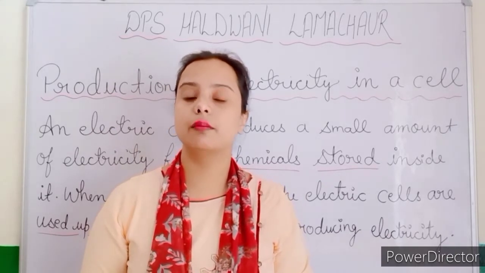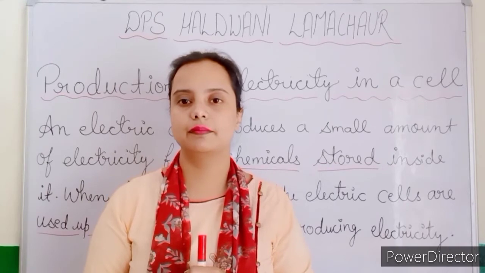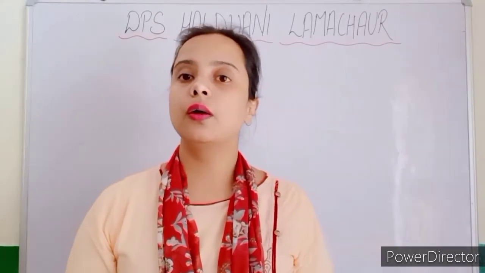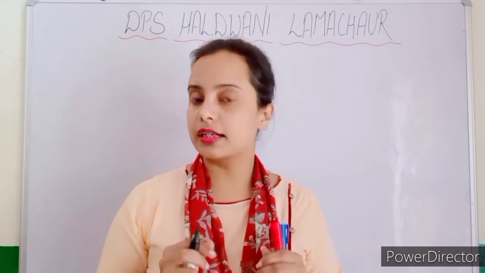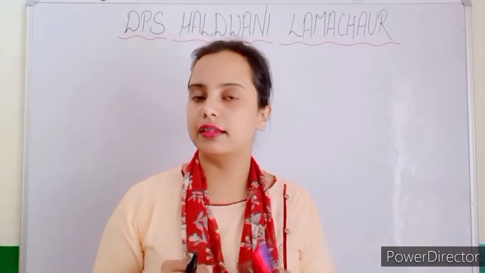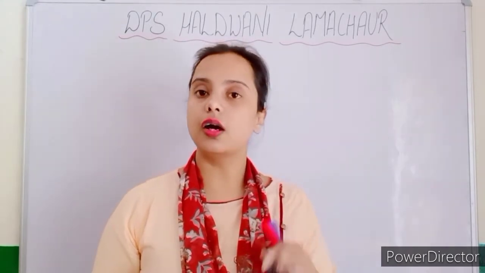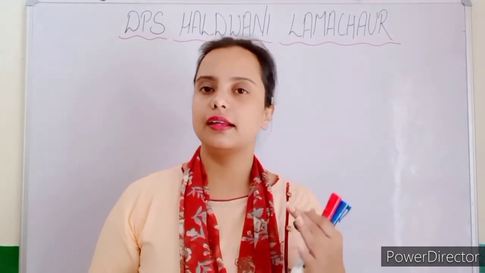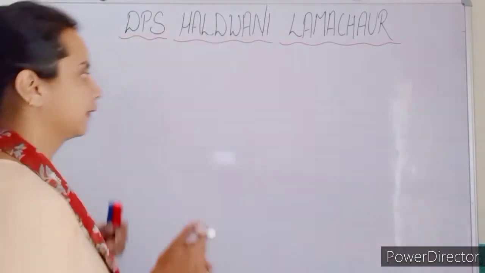Now we will understand about the electric cell and the chemicals, or the dry things, that are present in the cell, and how they produce electricity. Let's understand it with the help of a diagram.